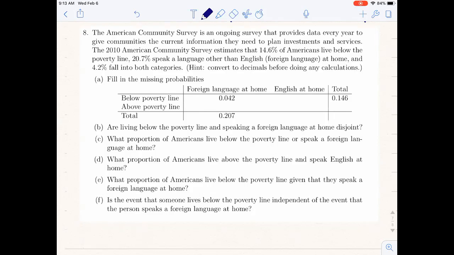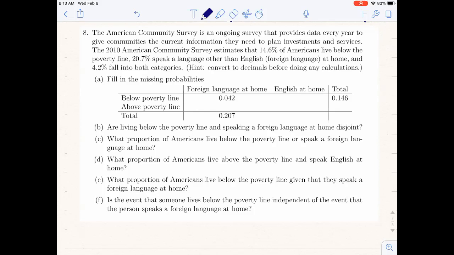So what I've done is I've set up this table. And I'll do this on the test too. And what you'll do is you'll fill in the values. And so we know the total here has to be 1. Right?